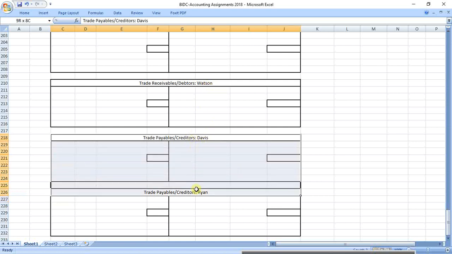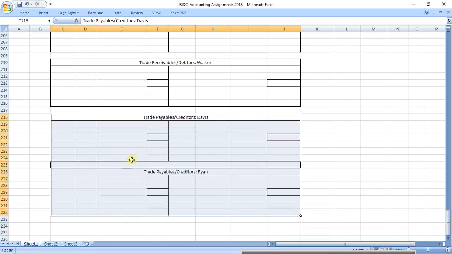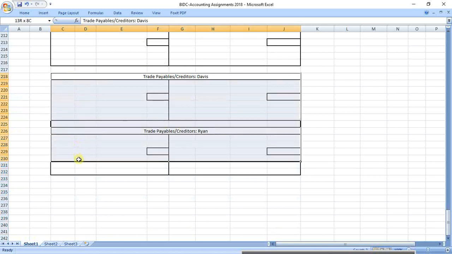Davis and Ryan. Those 2. Then you would need 2 more accounts, 1 for sales and 1 for bank.